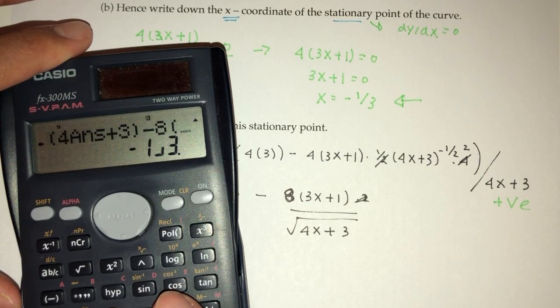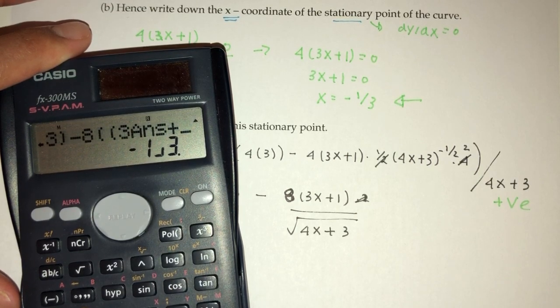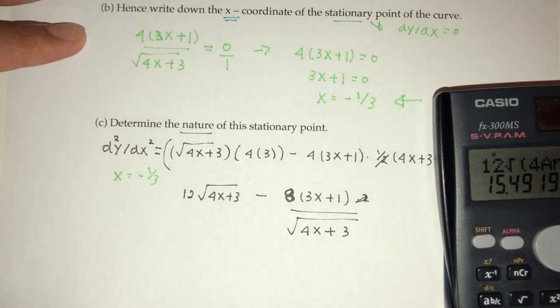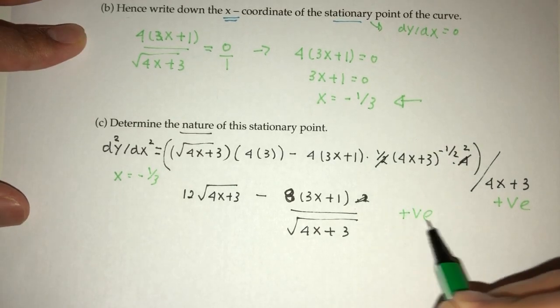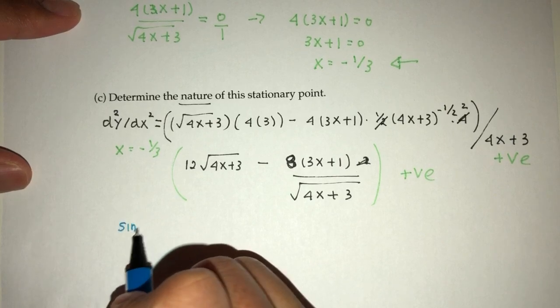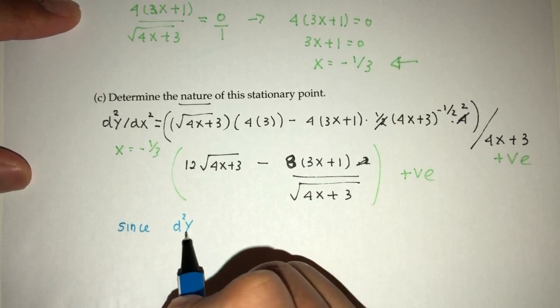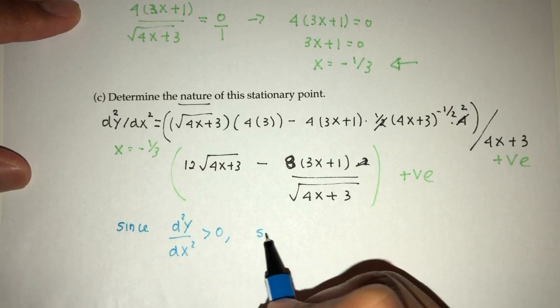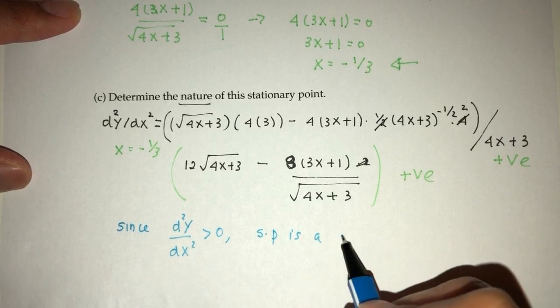So we have 8 times bracket 3 times the answer plus 1, divided by bracket root of bracket 4 times the answer plus 3. Let's see what happens. It becomes a positive value. So everything will give you something positive. We can just say, since d2y over dx2 is more than 0, we determine that the stationary point is a minimum value.